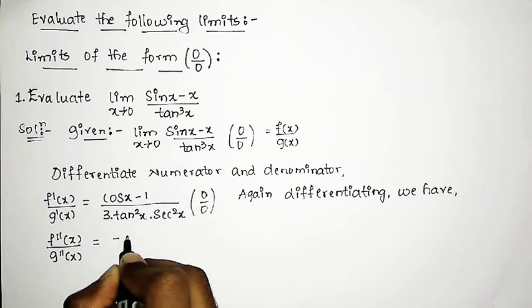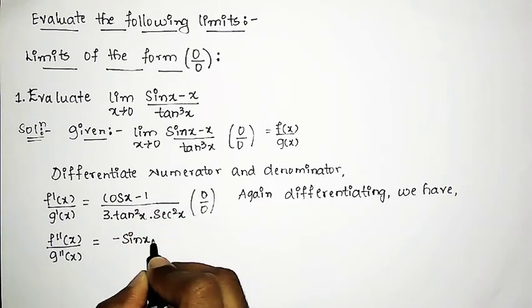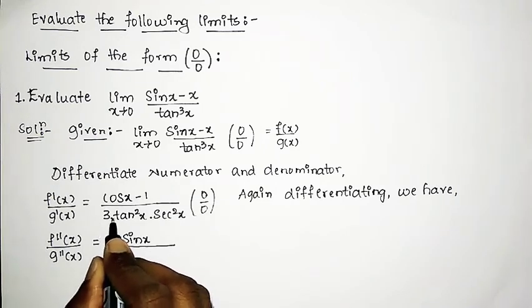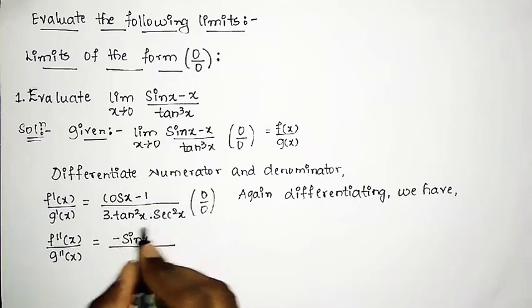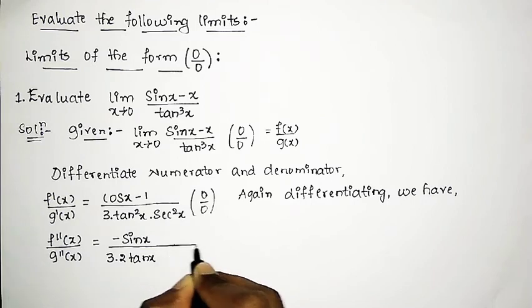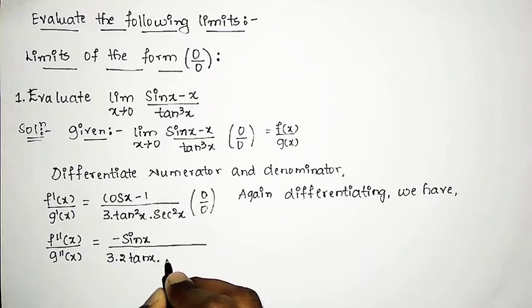Differentiation of cos x is minus sin x and differentiation of 1 is 0, divided by 3 into 2 into tan x, then differentiation of tan x is sec square x.